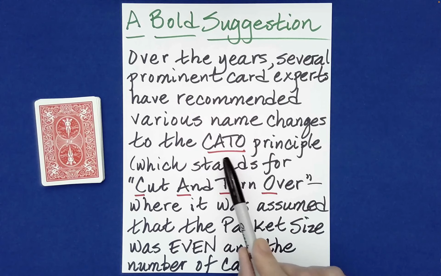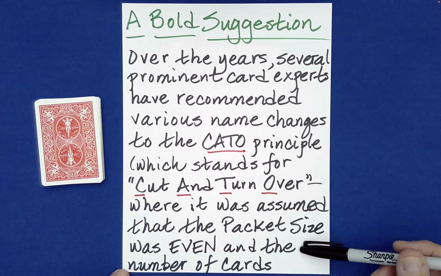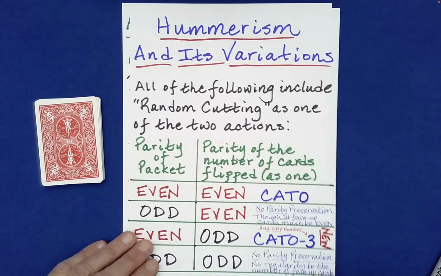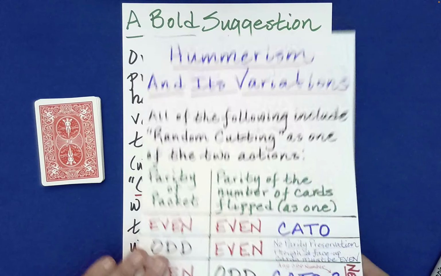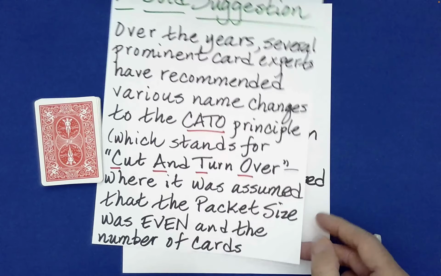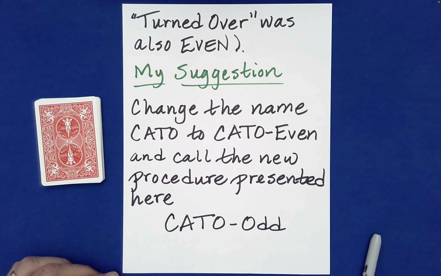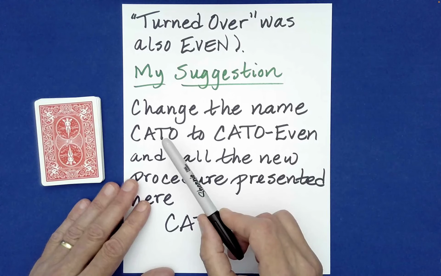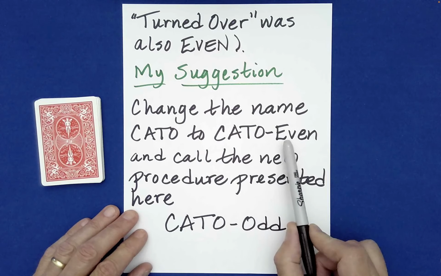Okay, and within the procedure used here, we're assuming that we have an even number of cards, as we saw at the very beginning. So remember, we're looking at an even number of cards, but we're flipping over an even number of cards. So to draw a distinction between that and what I'm showing you now, my suggestion is that we rename the traditional Hummer procedure, or CATO procedure, to CATO-Even.